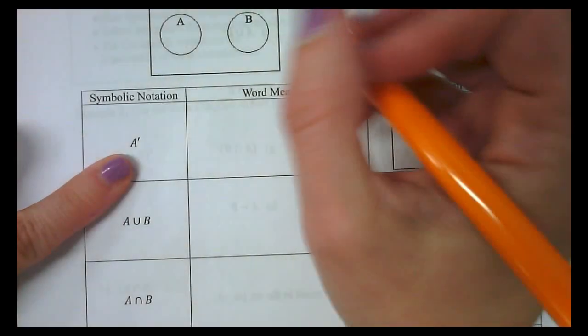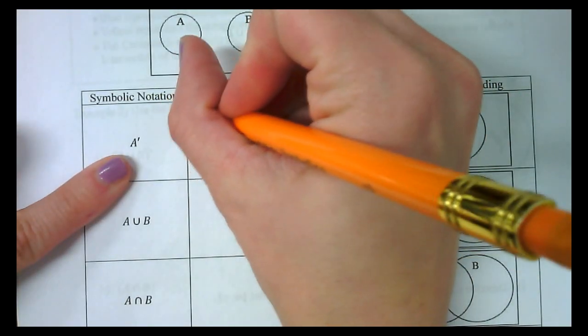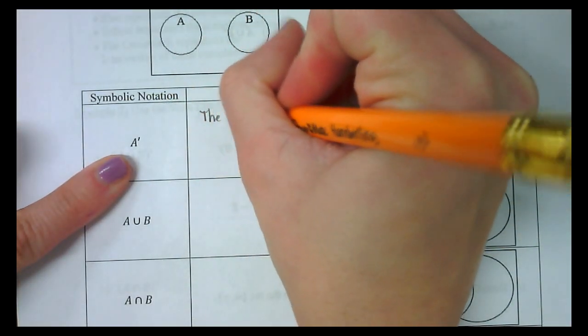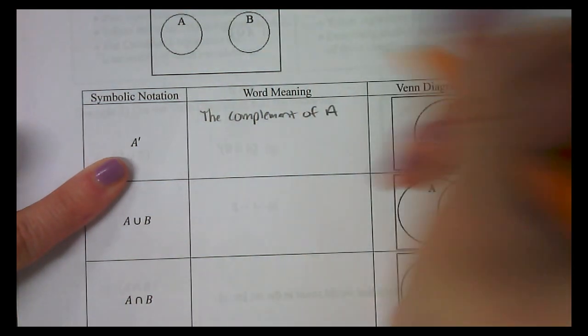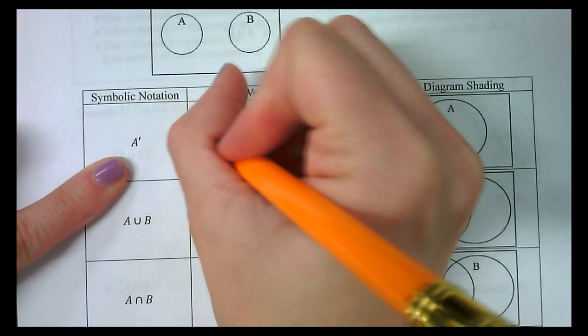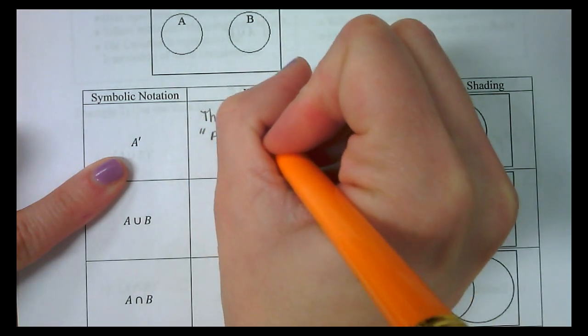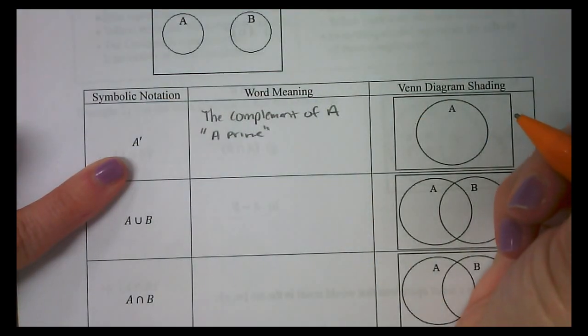So this means the complement of A. Sometimes you read it as A prime. Okay, so that's another way we can read it.